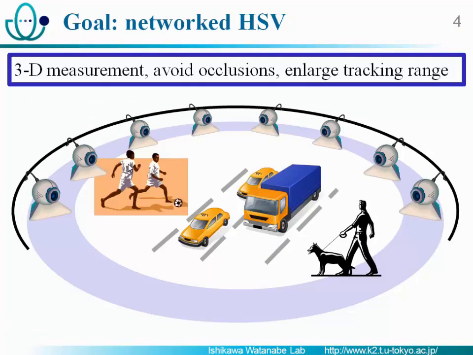In the system, a lot of cameras are connected via network, like Ethernet, and an object moving across a much wider range can be seamlessly tracked by the networked high-speed vision system. This is our goal of this project.